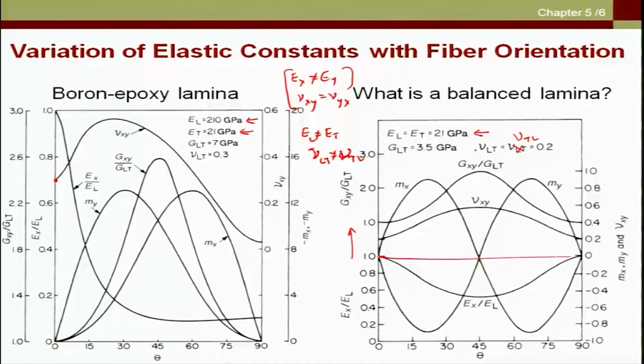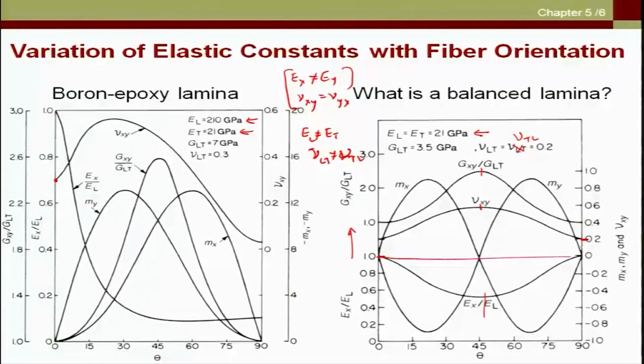So the curve for Ex is symmetric about the line theta equals 45 degrees. Ditto for Gxy, but Gxy was symmetric even for unbalanced laminates. nu xy is also symmetric, and it increases to a maxima, but it again becomes 0.2.